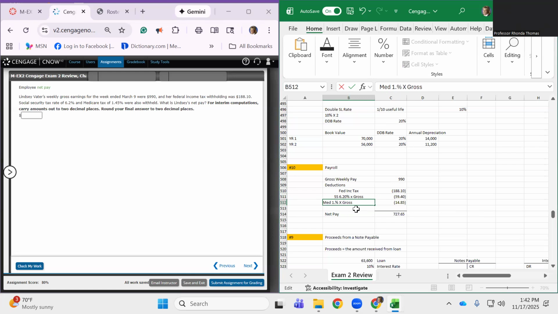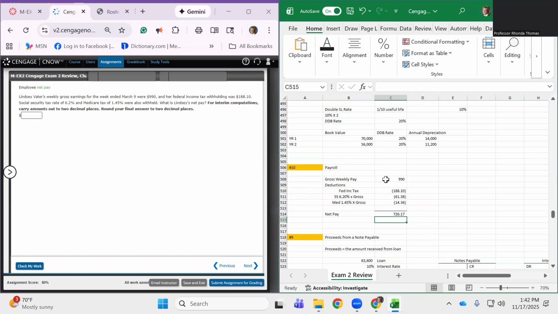That's Medicare. Okay, now we need to do the math here. And that one gets 145. And then we do the math. Okay, what is the net pay, right?